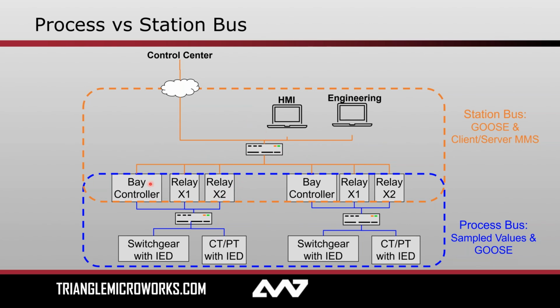Our station bus still might contain GOOSE messages that are transmitted horizontally between these different IEDs, but crucially, it will also contain the client-server communication, the reports that are being sent from these different IEDs up to my SCADA system, my HMI, my control center, my gateway, my historian. So again, don't get confused if you hear these terms process bus and station bus. They're commonly used together in the same substation. When you hear process bus, think inclusion of sample values and a dedicated network to do that.